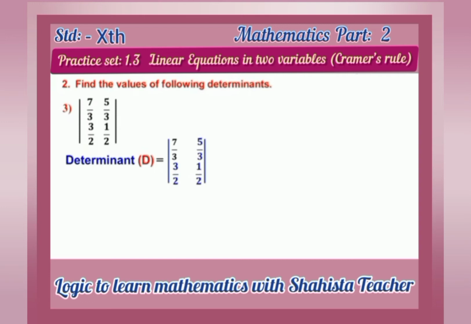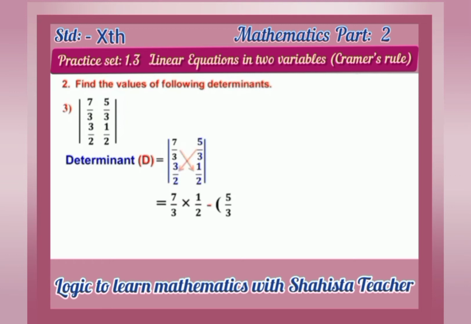Now this 7 upon 3 will multiply by 1 upon 2. Minus, make a bracket, 5 upon 3 will multiply by 3 upon 2.